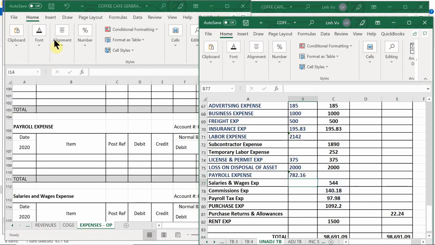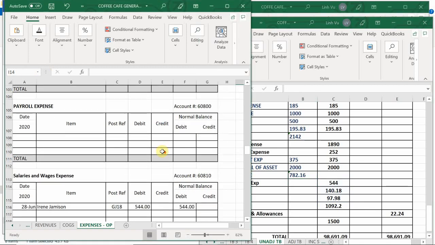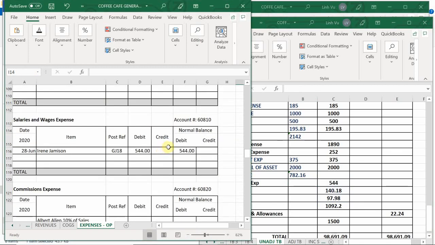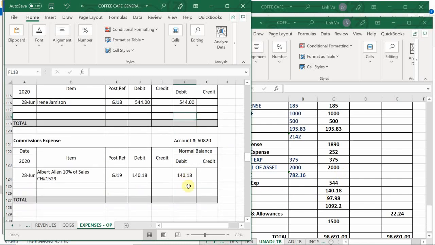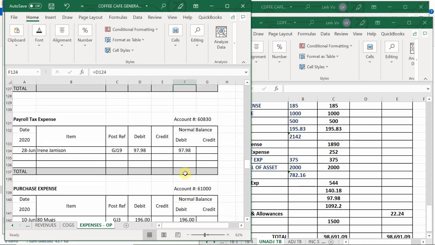So let's see. Salaries is still 544. Your commissions, 140.18, and then last but not least, payroll tax liabilities is still 97.98.